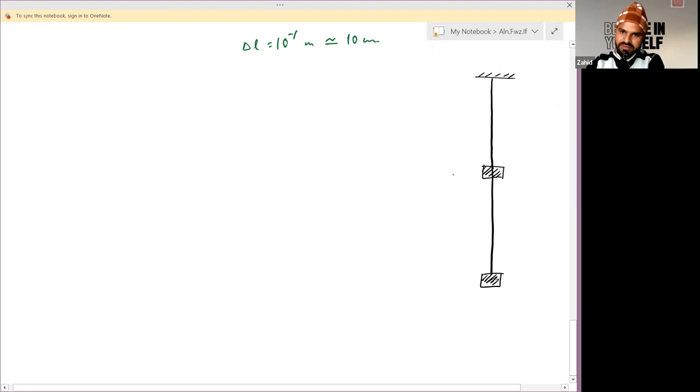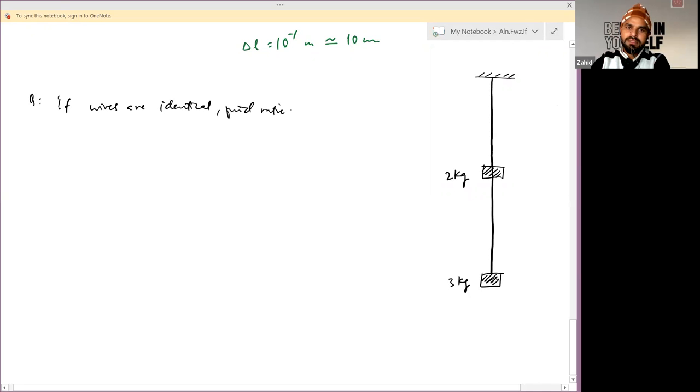Let's say this having mass 2 kg and this having 3 kg. So if wires are identical, you'll be asked to calculate the ratio of stress produced in these two different wires. If wires are identical, then find ratio of stress.